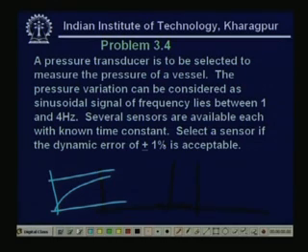That means, because it is 1 Hz to 4 Hz, if it lies between this, what should be the range of your time constant? This I will solve in the next class.